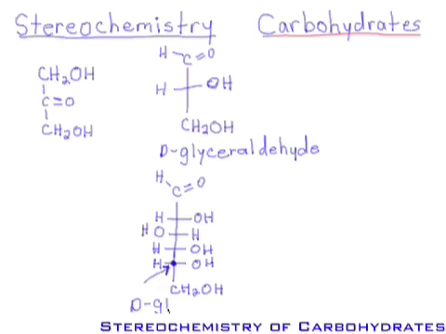Now, the mirror image of D-glucose is referred to as L-glucose. So if I draw the reflection, I didn't have to reverse the C double bond O because it's not chiral, but all the chiral centers are reversed.